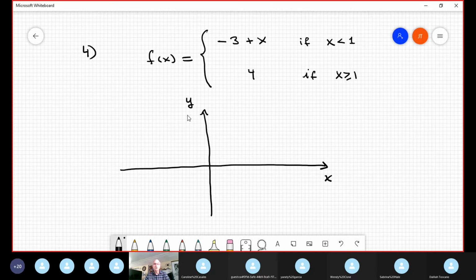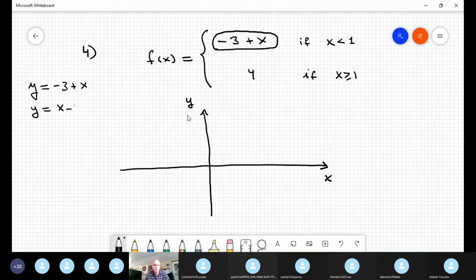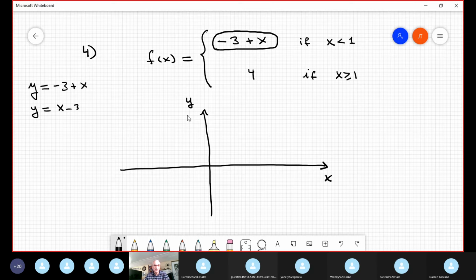Okay? So I focus expression by expression. I take this one, y equals minus 3 plus x, or y equals x minus 3. It's the same, no? But I write it in a different way because I realize it's a linear function, it's a line. And the equation of the line, everyone remembers, is mx plus b. b is minus 3, which means the y-intercept is minus 3, at the point 0, minus 3.